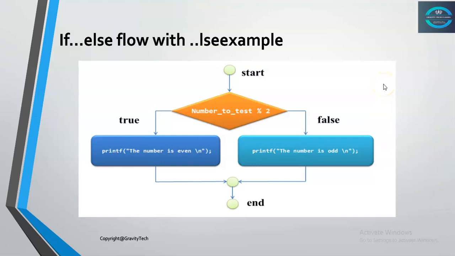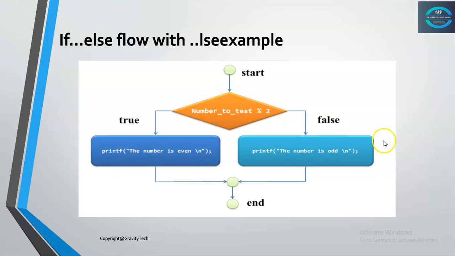Now, this is the if else flow with the example. What example are we considering? We have taken the example of identifying whether a number is even or odd. Now we know the test to check whether a number is even or odd. We simply divide that number by 2, and if the remainder is 0, then that number is an even number.